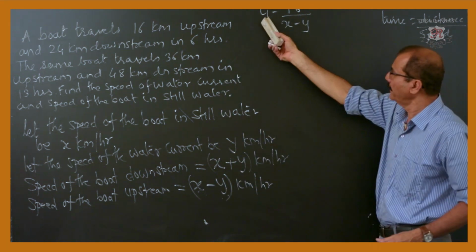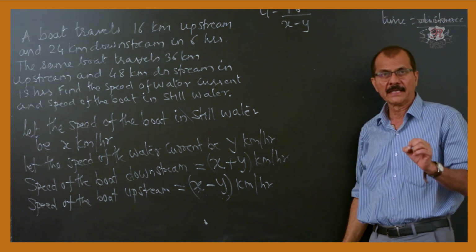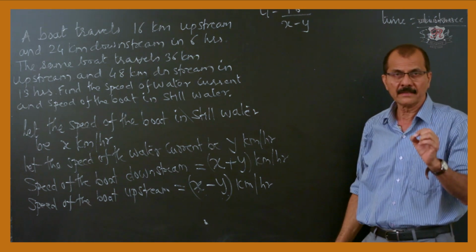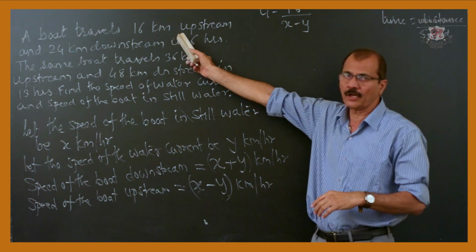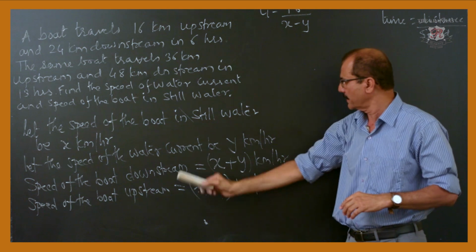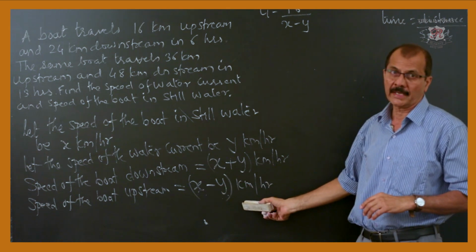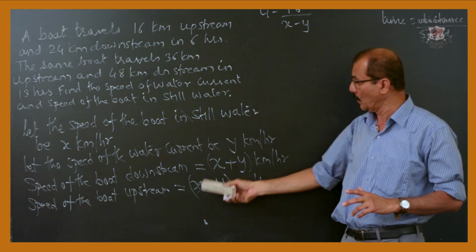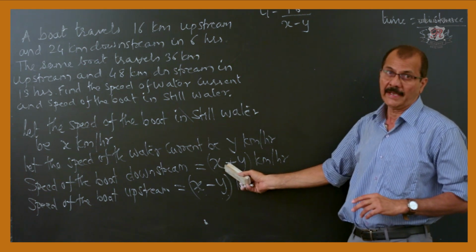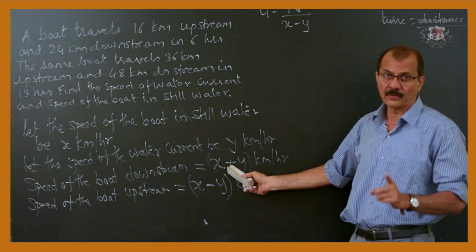What is my time T1? My time T1 is the time taken by the boat to travel 16 kilometer upstream with the speed x minus y. See, the speed of the boat upstream is x minus y. Do not take x plus y. x plus y is the speed downstream.